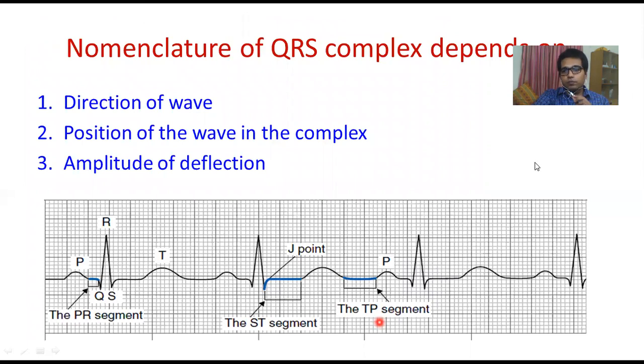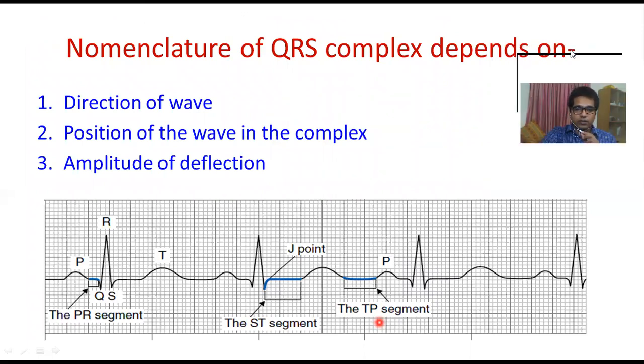Now, the nomenclature of the QRS complex. Nomenclature depends on the direction of the wave, whether it is an upward or downward deflection, the position of the wave in the complex, and the amplitude of the deflection. Here you can see the first negative deflection in the QRS complex.